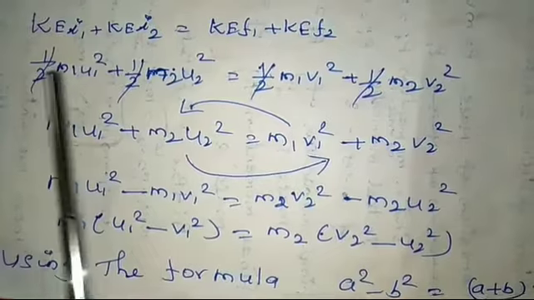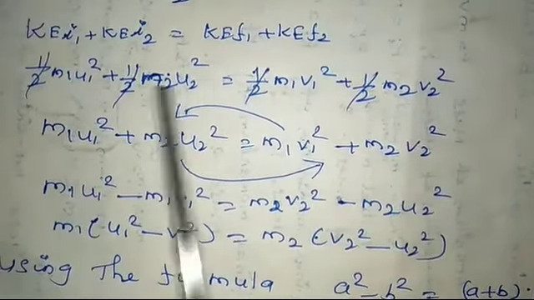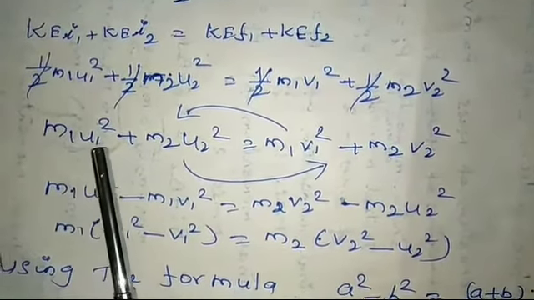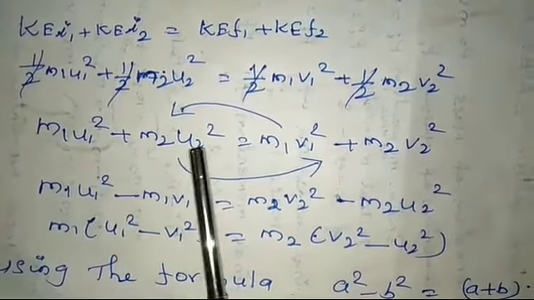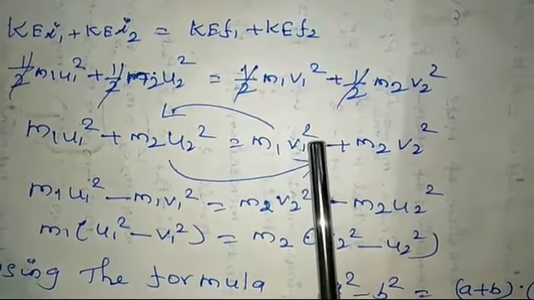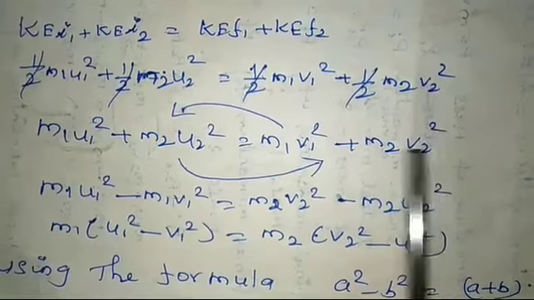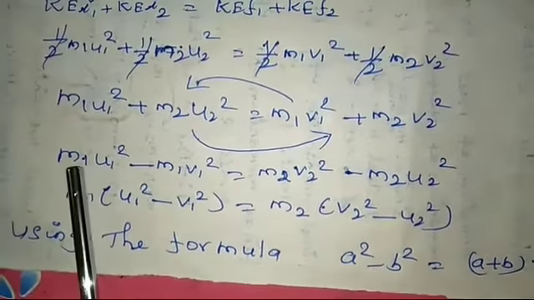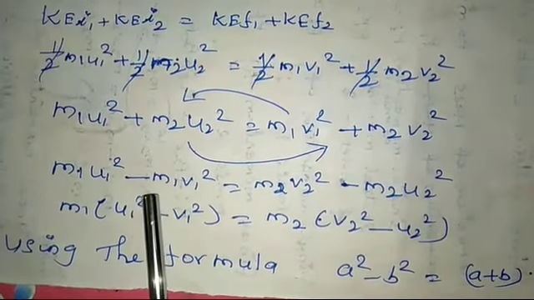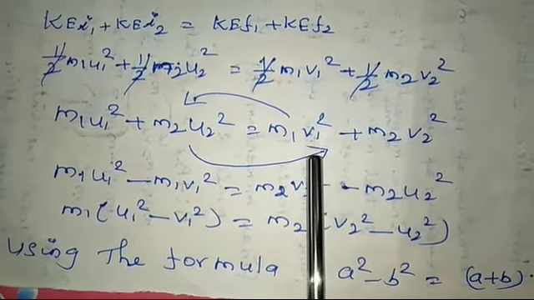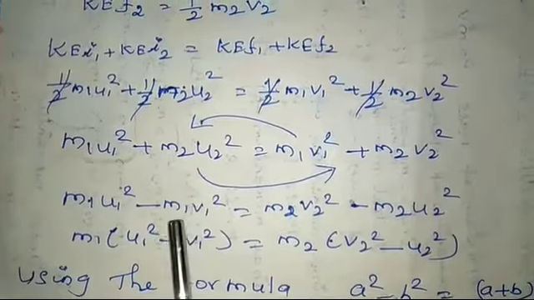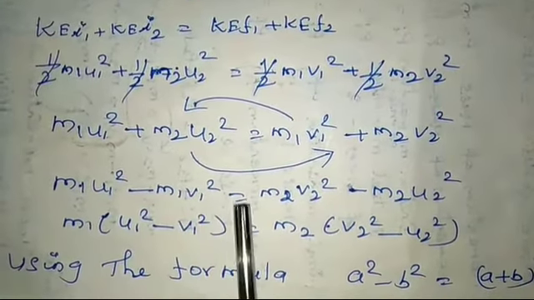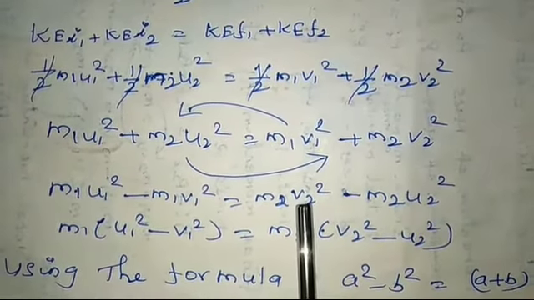Okay, the half is common for all, so cancelled. Then m1 u1 squared plus m2 u2 squared is equal to m1 v1 squared plus m2 v2 squared. Now m1 u1 squared minus, so the m1 v1 squared coming this side, so minus m1 v1 squared is equal to m2 u2 squared.